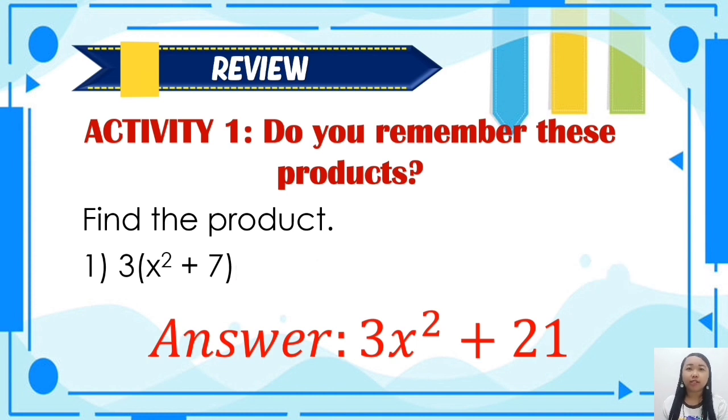Very good. Just apply the distributive property. 3 times x squared is 3x squared and 3 times 7 is 21. So the answer is 3x squared plus 21.